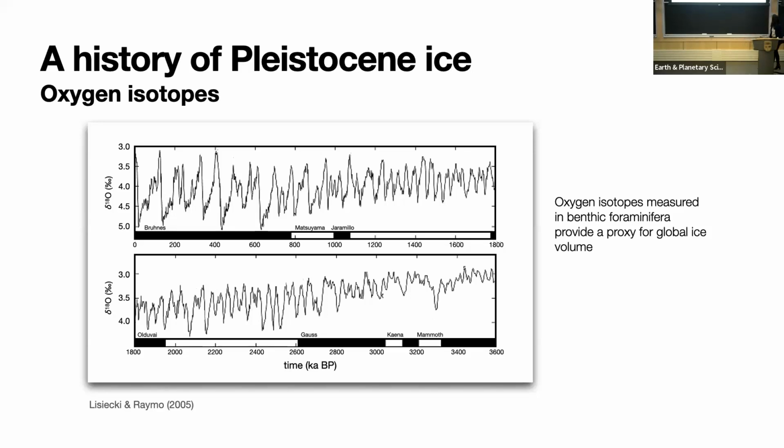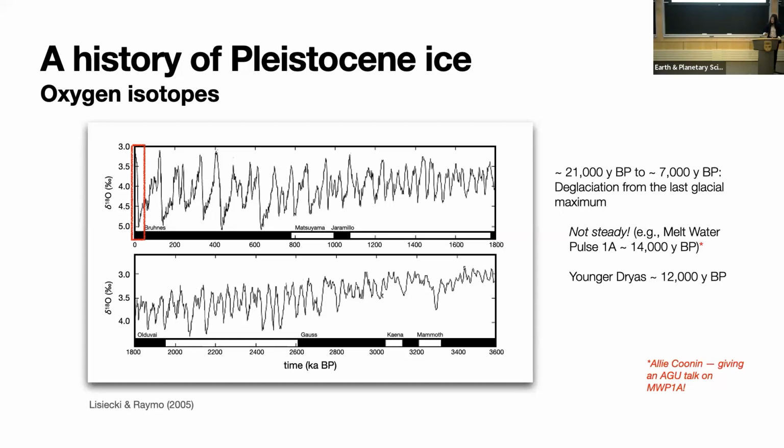And this is perhaps the most famous figure depicting a stack of many of these marine sediment cores together by Lorraine Lisiecki and Maureen Raymo. What you see are variations in delta 18O within these sediment cores. Low delta 18O, which is weirdly at the top, are times of what we call interglacial, in between the ice ages, and these dips below are ice ages.